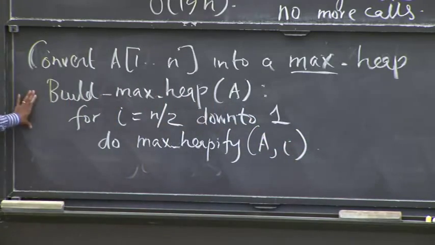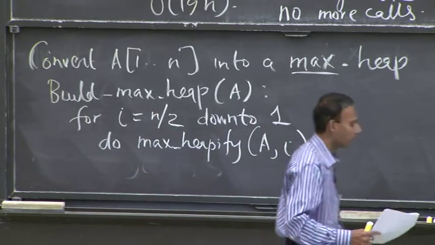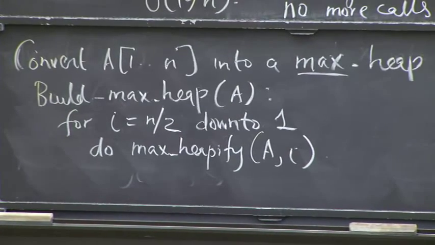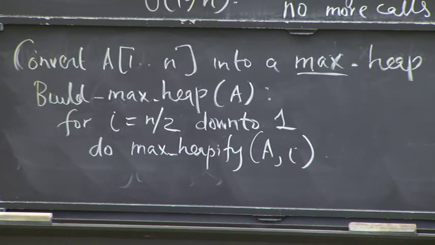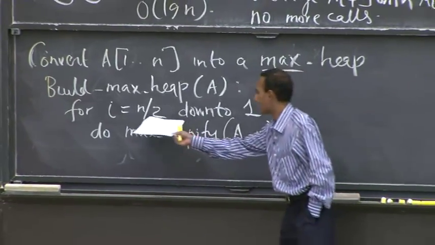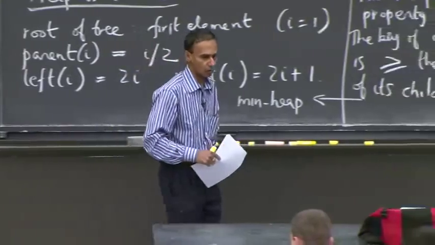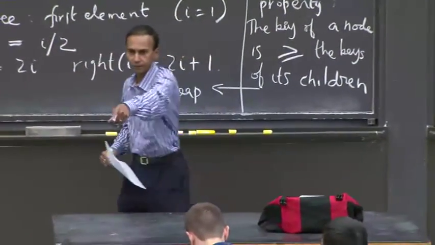All right, that's it. Build max heap says go from i equals n/2 down to 1, max-heapify A[i]. So someone explain to me why I can start with n/2 and why I'm going down to 1. Yep, I saw you first.